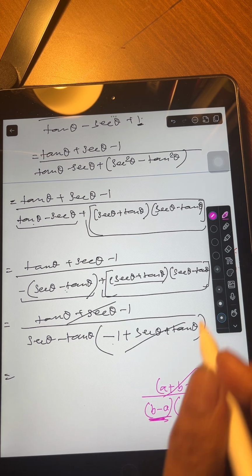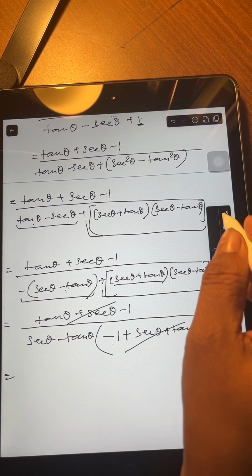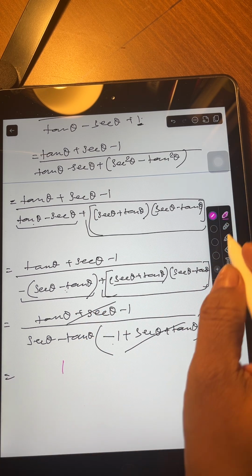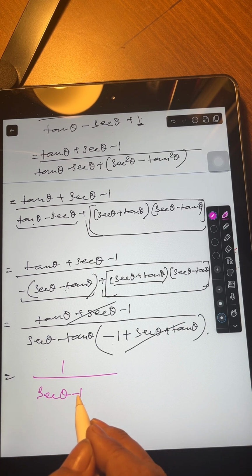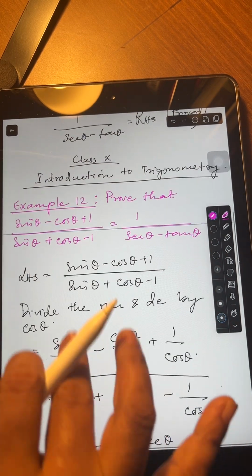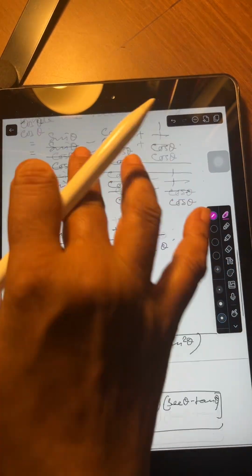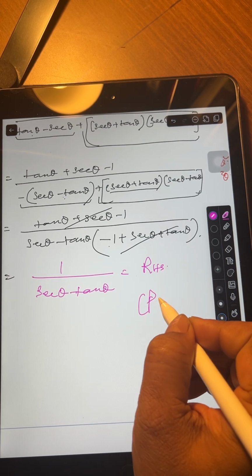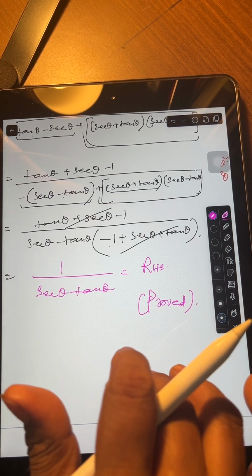And this will be remaining. Similarly, I have cancelled this. Now what is remaining? 1 by secant theta minus tan theta. What is this? 1 by secant theta minus tan theta. This is what the RHS is, proved. Okay, clear? Okay, thank you.